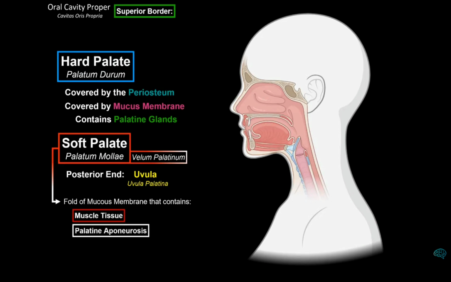The palatine aponeurosis functions as an attachment point for many of the muscles related with the soft palate. Other things you will find within the bag are vasculature, arteries, veins, nerves, and lymph tissue. You'll also find mucosal glands or palatine glands, similar to the hard palate. And this bag that we just imagined resembles the soft palate and all structures associated with it.